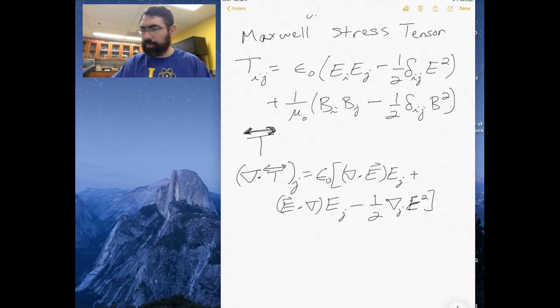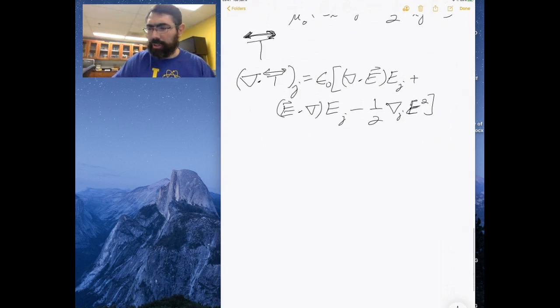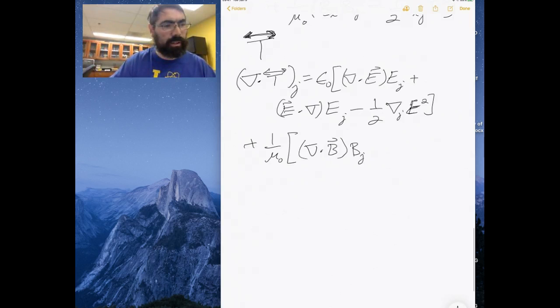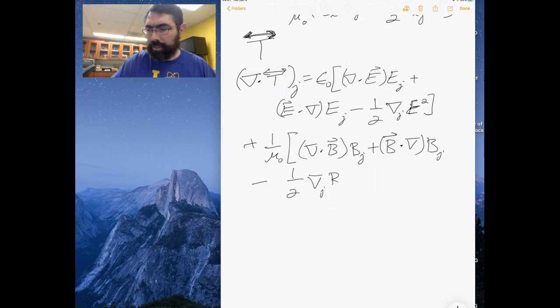And I get something similar for the magnetic fields. I would get plus 1 over mu naught, del dot B, the J component of B, plus B dot del, the J component of B, minus 1 over mu naught del J B squared.